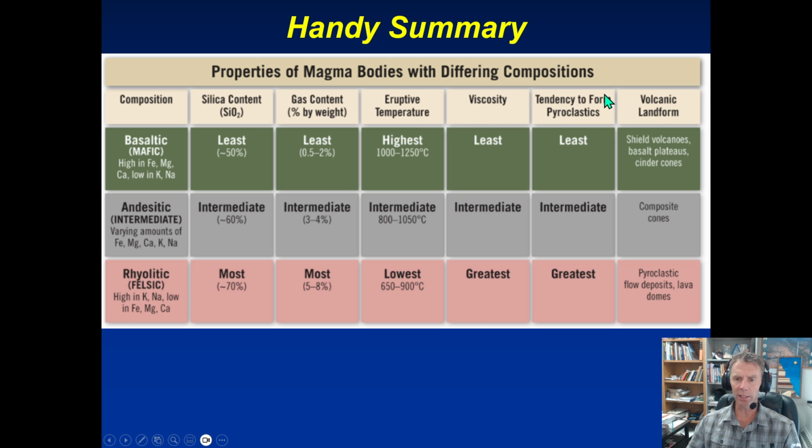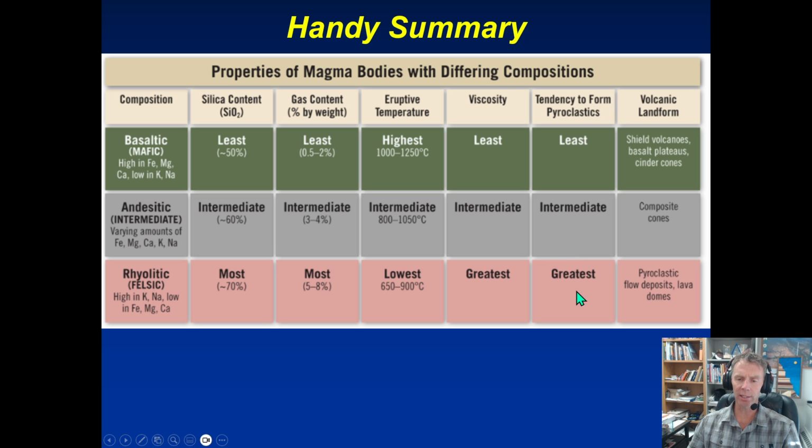These last two, second to last column here on the right, tendency to form pyroclastics. Really just think of this column as explosivity, okay? And in a basaltic magma body, because we're not trapping a lot of gas, it's not going to be very explosive. It's going to be very low on the explosivity scale.